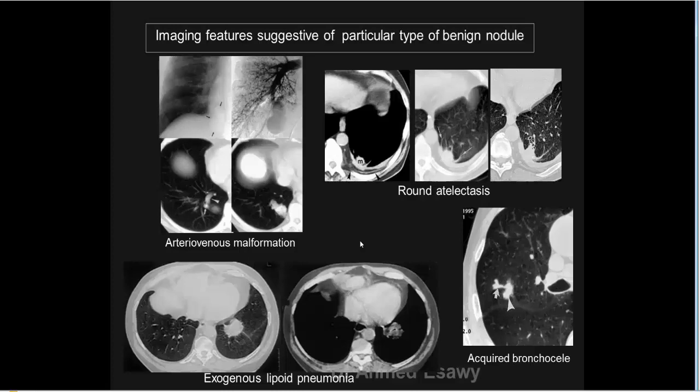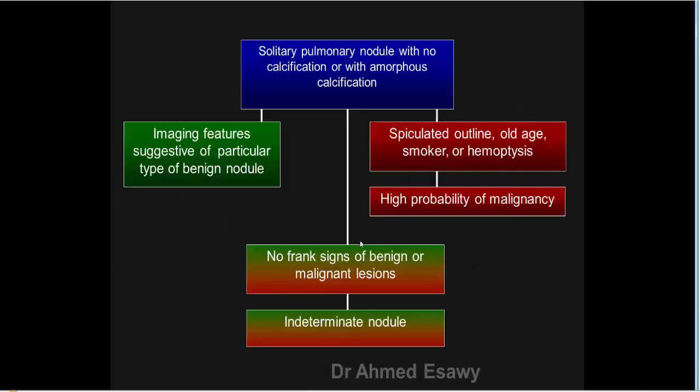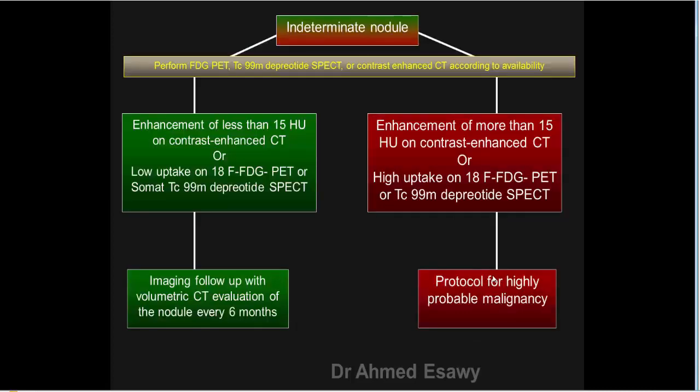This is present on CT with no calcification. A solitary pulmonary nodule with no frank sign of benign or malignant lesion is indeterminate, or it has a spiculated outline, old age, smoker, hemoptysis, high probability of malignancy. For an indeterminate nodule, we perform FDG PET, nuclear study, or contrast enhanced CT according to availability.